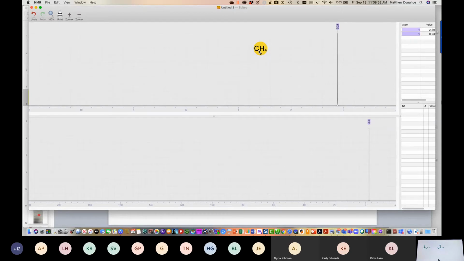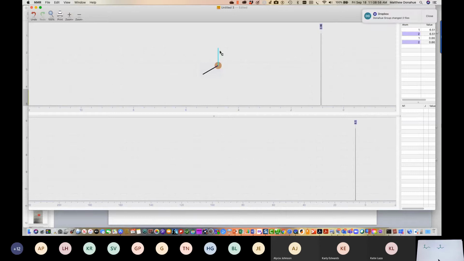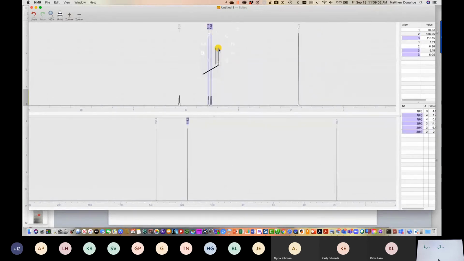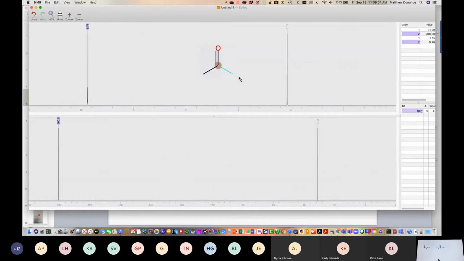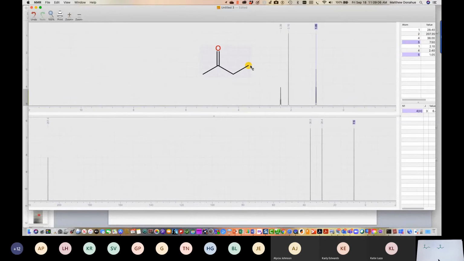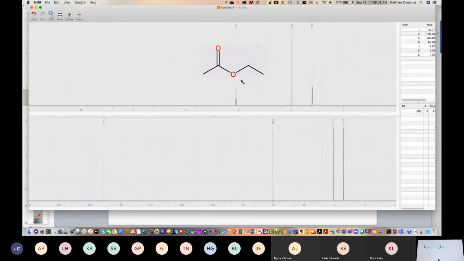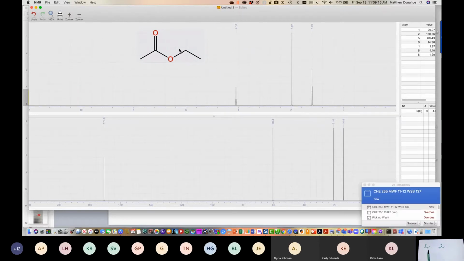So I'm going to start modifying this. There I've drawn ethane. Now I'm going to put in the double bond for the ester. So here is the compound, the one on the doc cam.